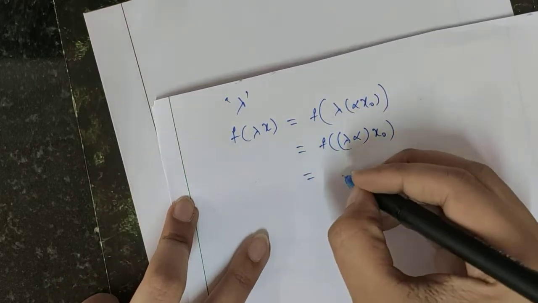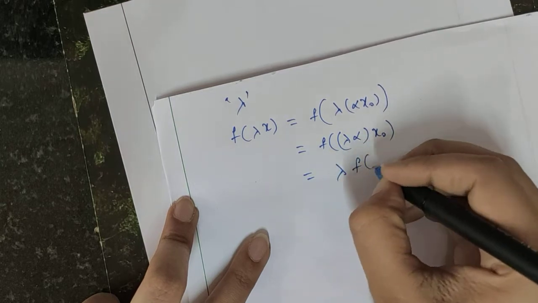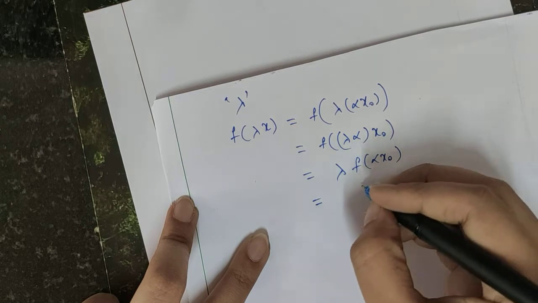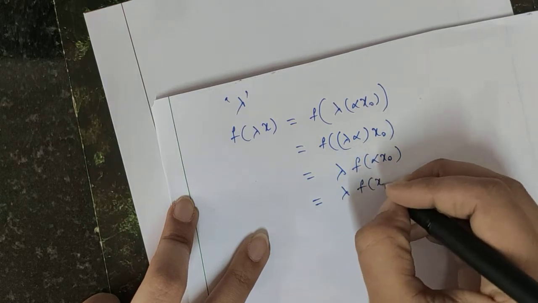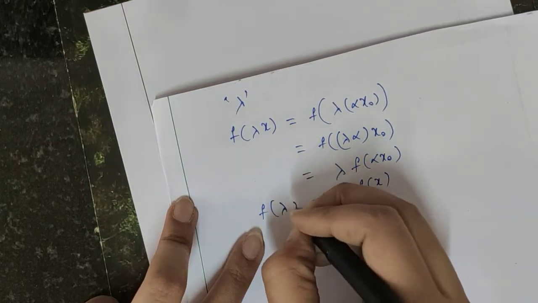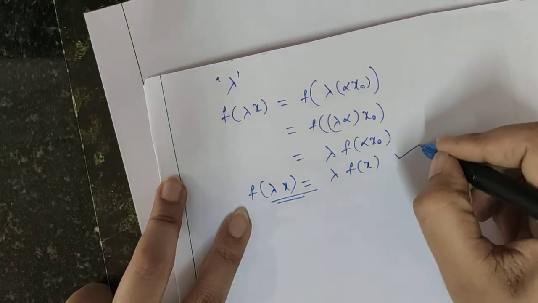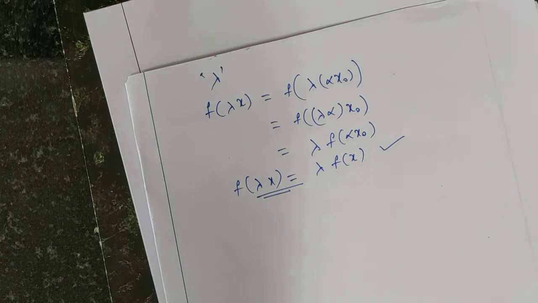So I can rewrite this as lambda into f of alpha x naught. So this will be equal to lambda into f of x. So f of lambda x is equal to lambda into f of x. From this we can say that f preserves scalar multiplication. So from these two conditions you can conclude that f is a functional, right?